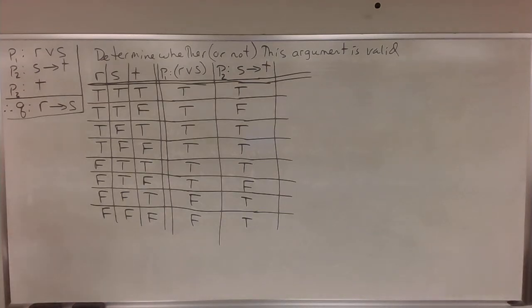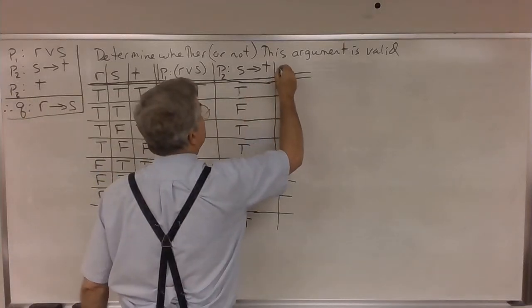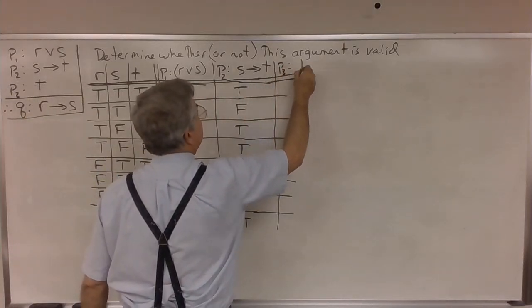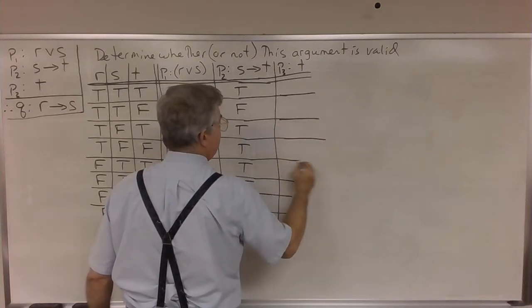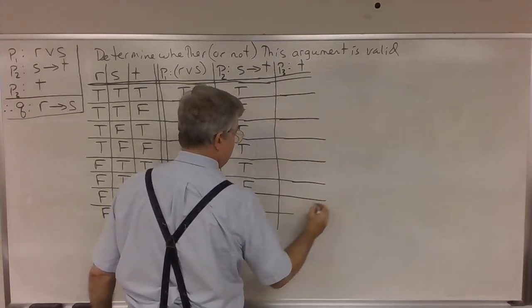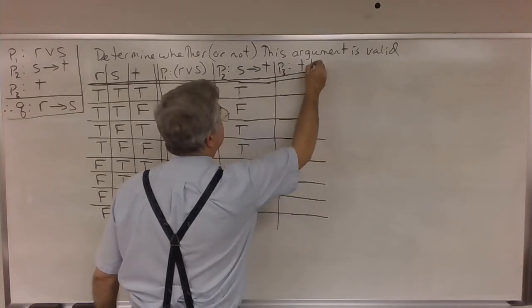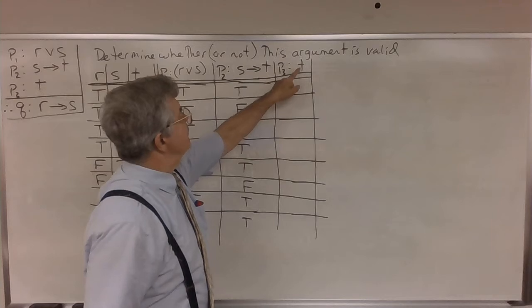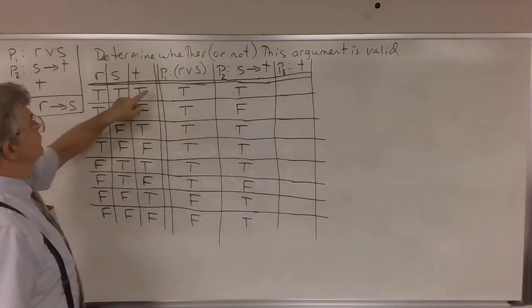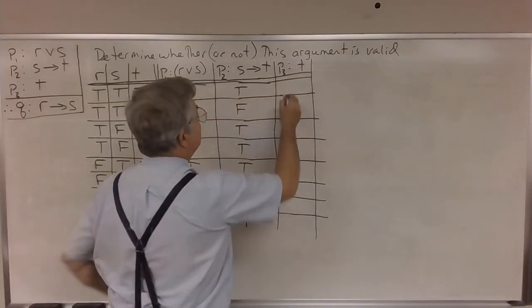Okay, we got P1, P2, P3. No, we don't have P3 yet, but P3 is just the statement T. So whatever the truth values are for T, we'll just copy them over here.